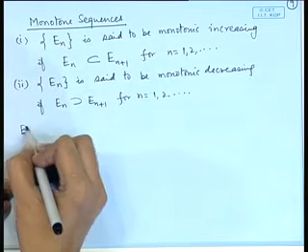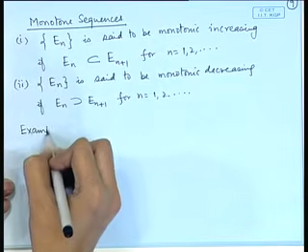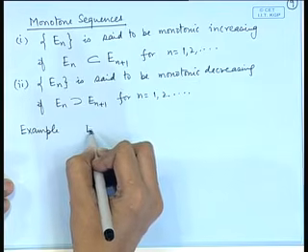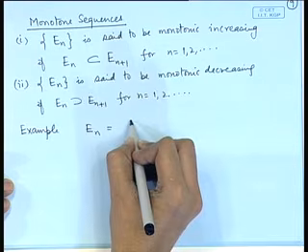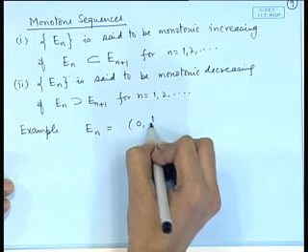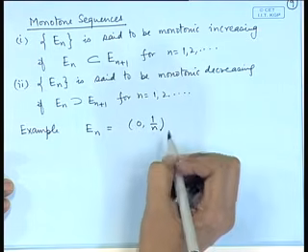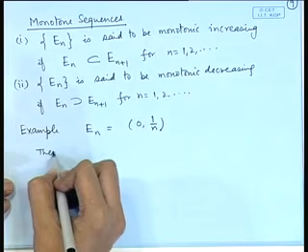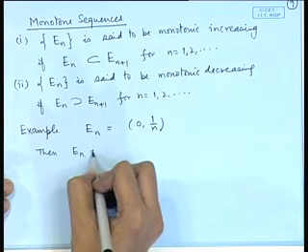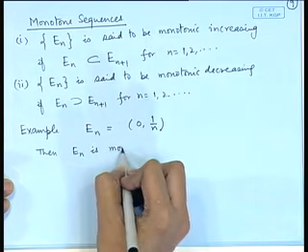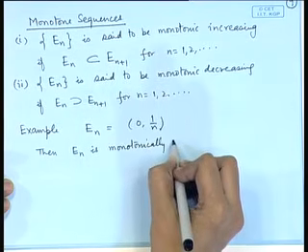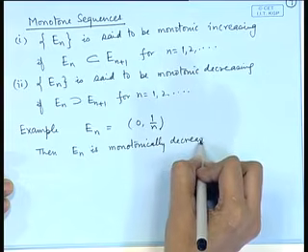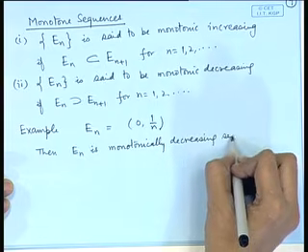Let us consider some examples here. Let E n be the interval, say, 0 to 1 by n, then E n is a monotonically decreasing sequence.